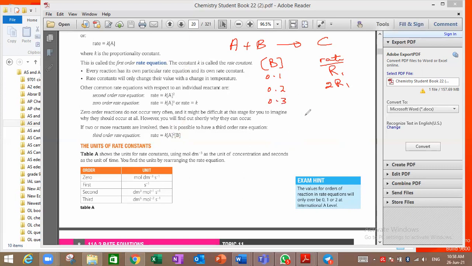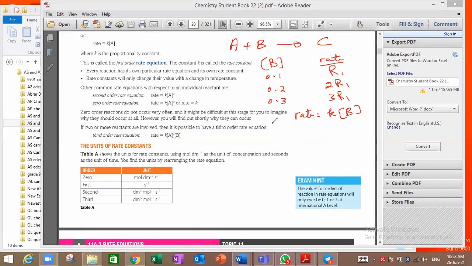If we triple the concentration of B, the rate also triples. Then we say that the rate is directly proportional to the concentration of B, or the rate equals K times the concentration of B. And it is first order with respect to B, because as we change the concentration of B, the rate will change in exactly the same way.